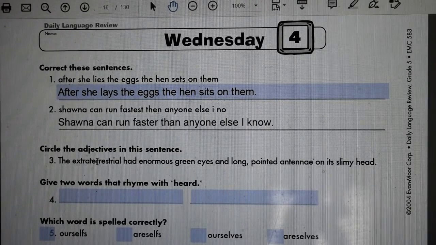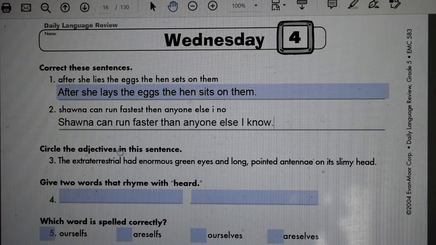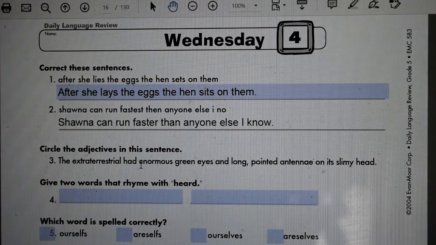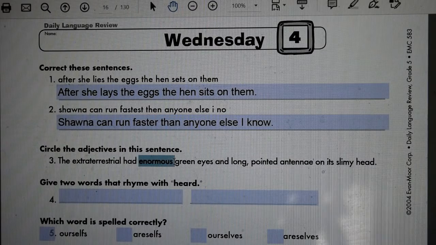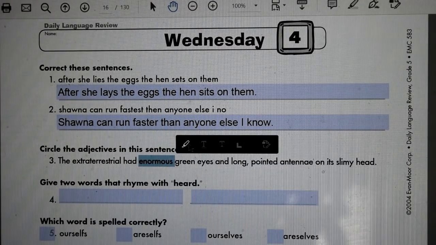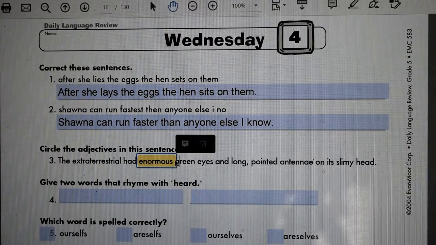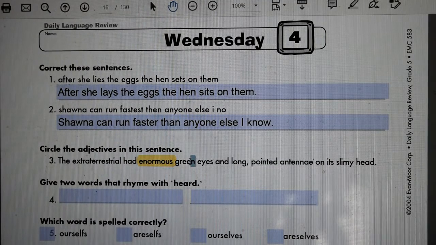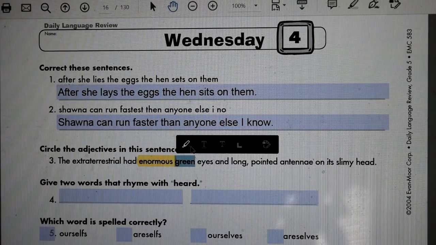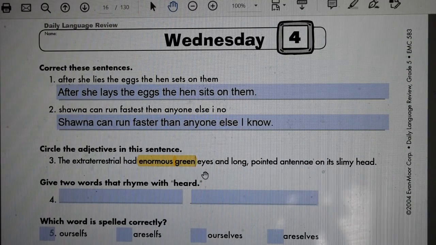So the alien, and my adjectives would be, remember adjectives describe nouns, had enormous, green, come on, we can do this. Green eyes. So it's describing the eyes.